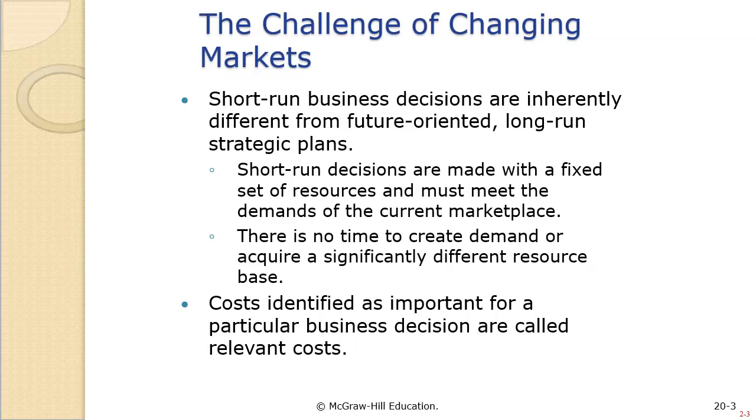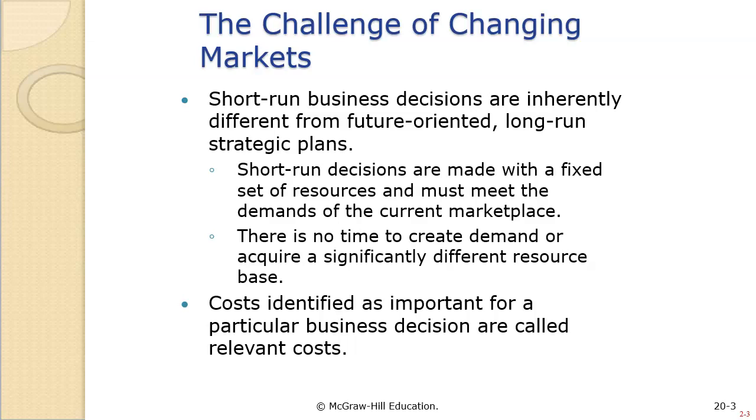Sometimes you're thinking about longer-term decisions, but what we're getting into in this chapter are short-run business decisions, and you look at those a little differently than you would a long-term investment.